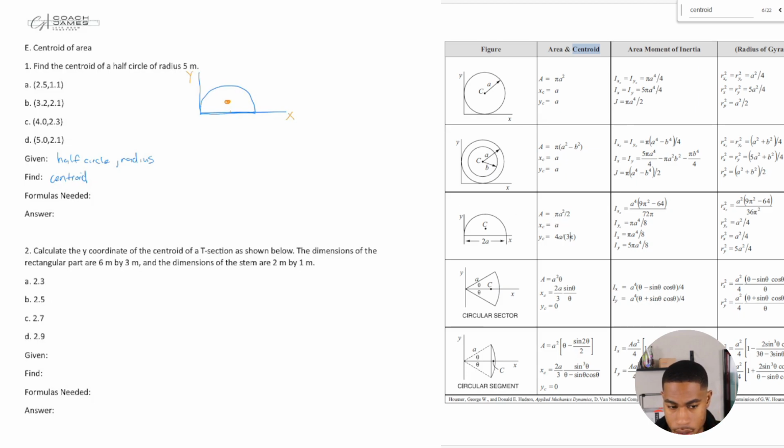So what is a? According to the chart, this whole thing is 2a.